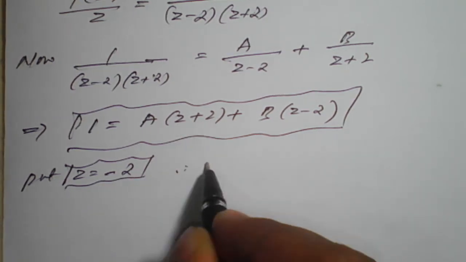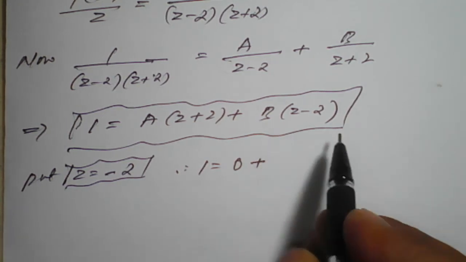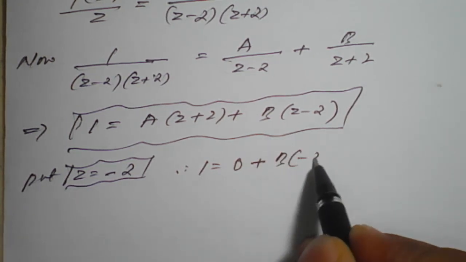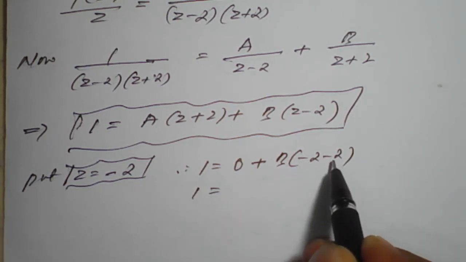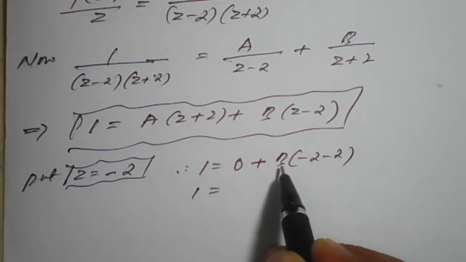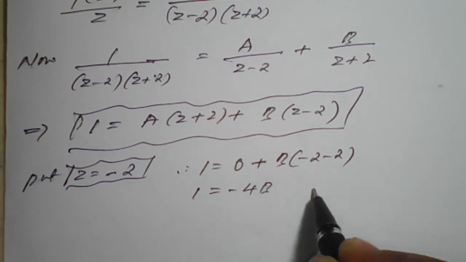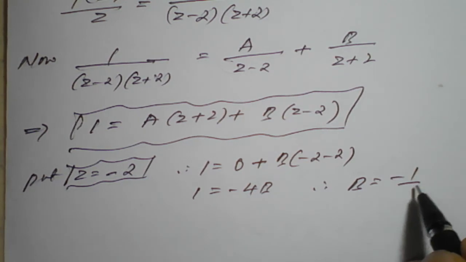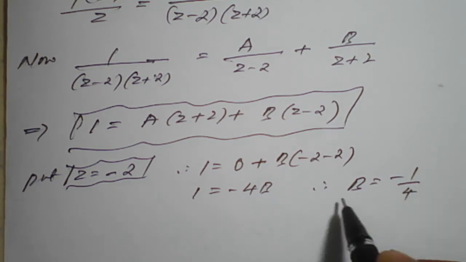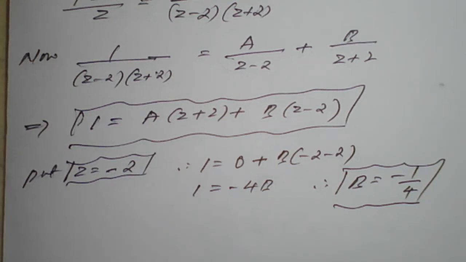So therefore 1 is equal to 0 plus b into (minus 2 minus 2). So 1 is equal to minus 4 into b, that is minus 4b. So therefore the value of b will be minus 1 upon 4.